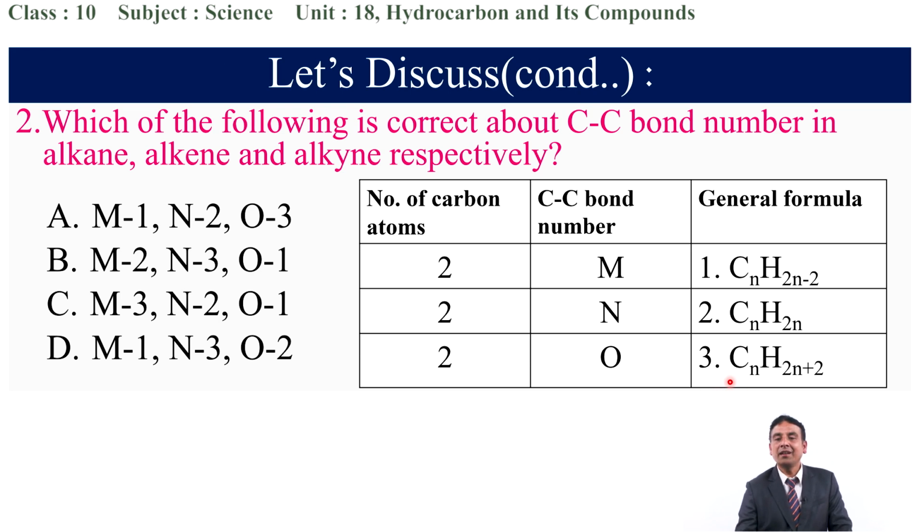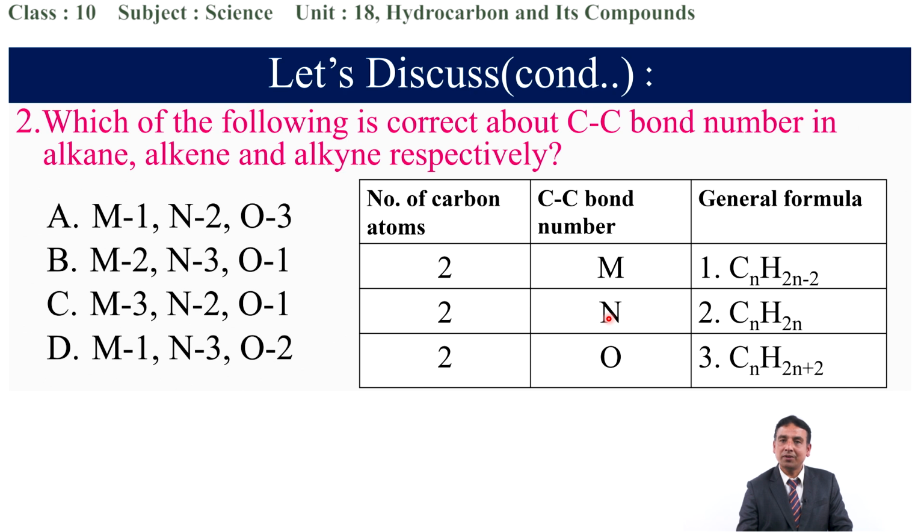Yes, CnH2n+2. Out of these 4 options, M is related with 3. And what does N represent? Alkene. What is the general molecular formula of alkene? CnH2n.